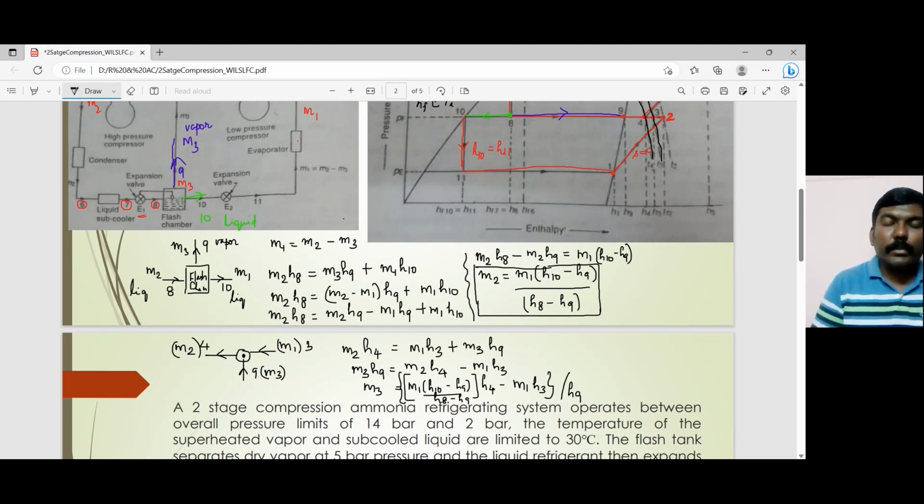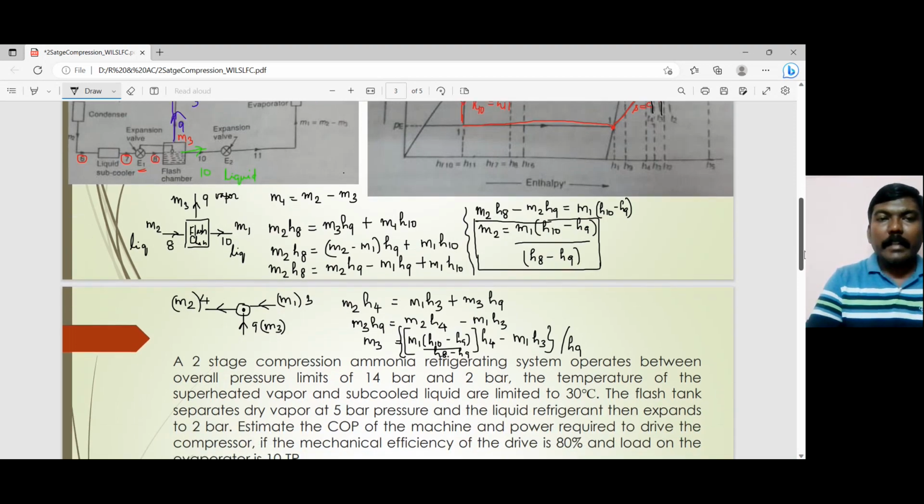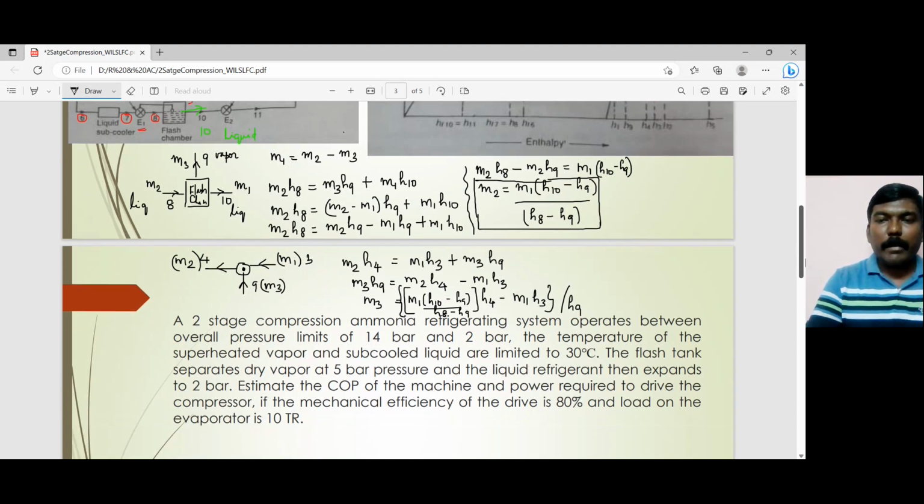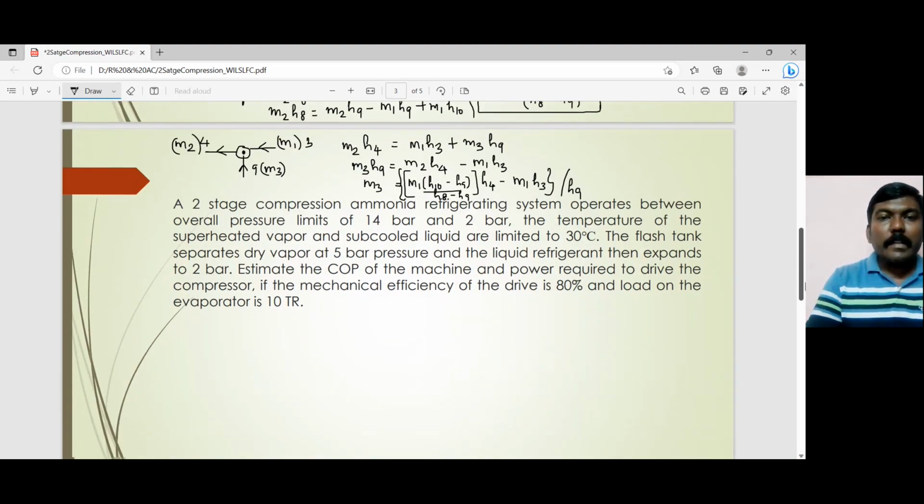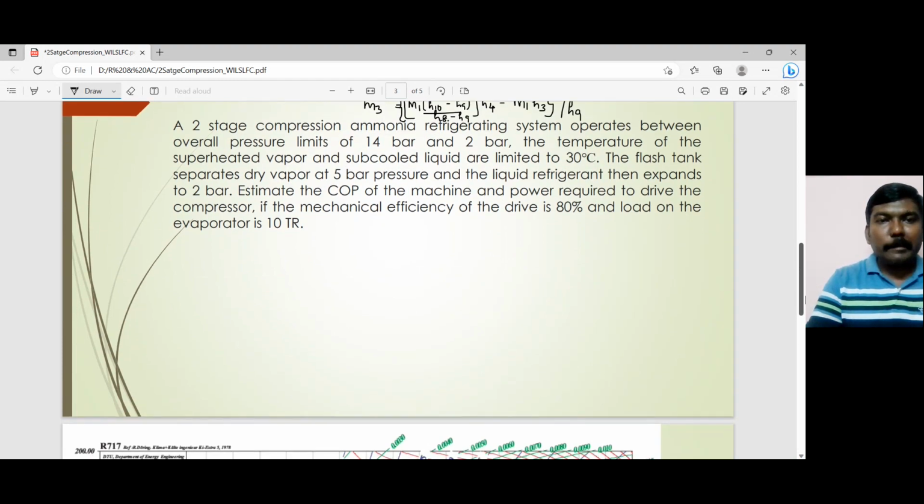So that would give you the mass flow rate of the refrigerant that enters into the high pressure compressor. Okay, so you have two branch points, and you can apply the energy balance equation at those branch points to estimate the mass flow rate of the refrigerant that is entering the condenser and the mass flow rate of the refrigerant that is leaving the flash chamber, which is M3. Okay, so now let's solve a problem over here.